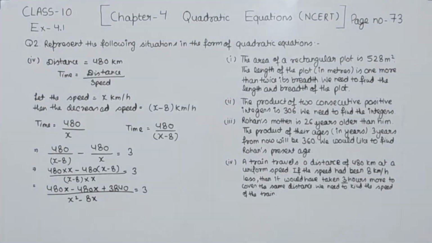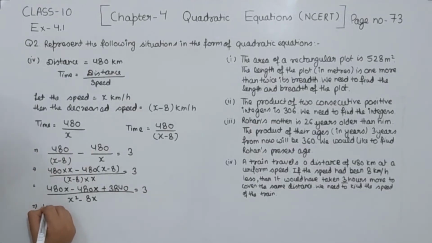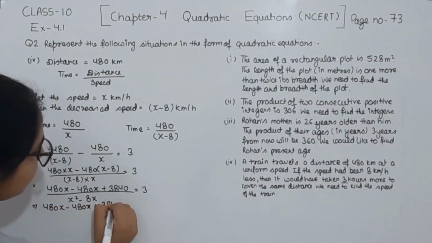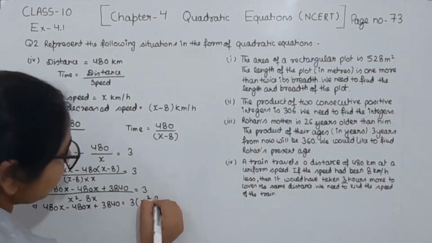Now we are going to transpose this denominator from left hand side to the right hand side. So this one will be equal to 480x minus 480x plus 3840 is equal to 3 multiplied by x square minus 8x.